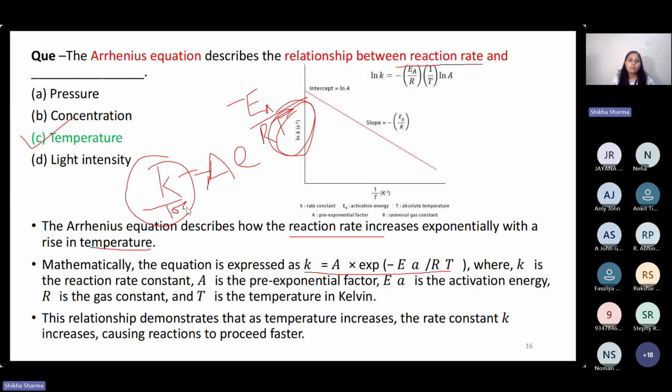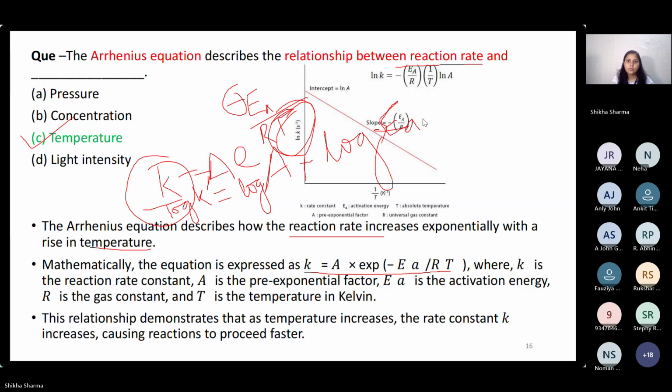Log k equals log A plus, but here it's minus, so we'll take minus log, so basically it will be log Ea by RT.